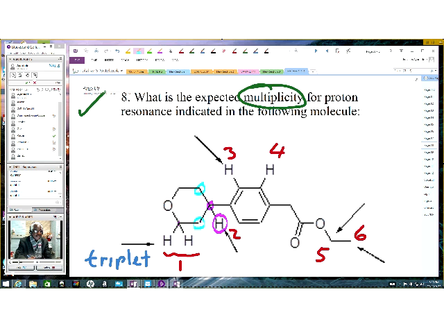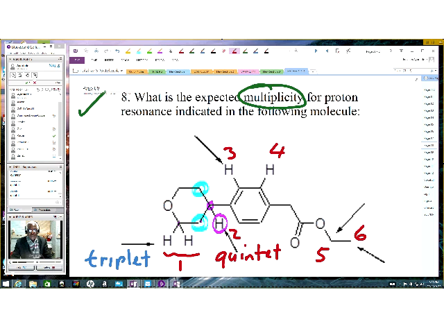It sees 4, right? Therefore, the multiplicity will be a quintet, because this hydrogen is seeing 4 other hydrogens. You have 2 hydrogens here and 2 other hydrogens here. So hydrogen 2 is seeing 4 other hydrogens. 4 plus 1, that is 5. So that becomes a quintet.